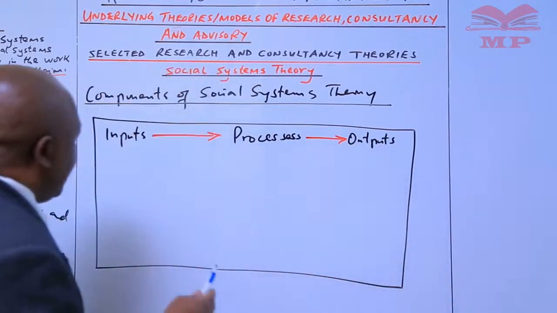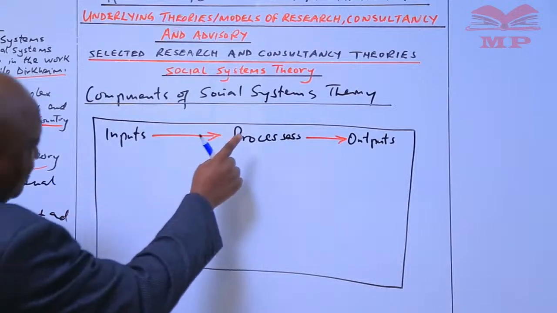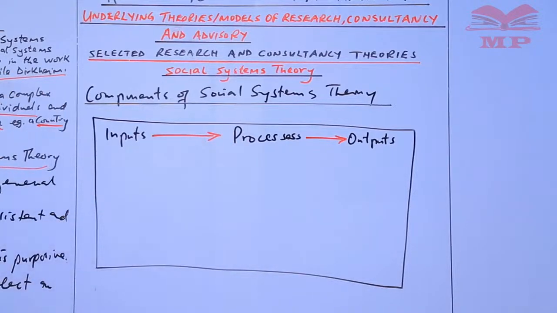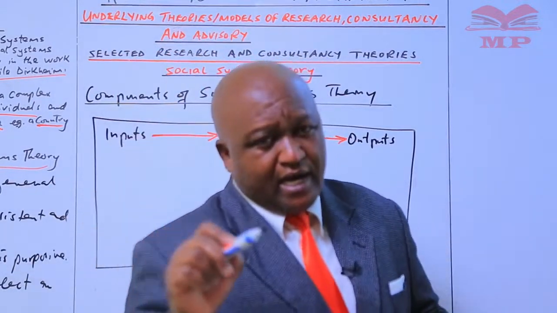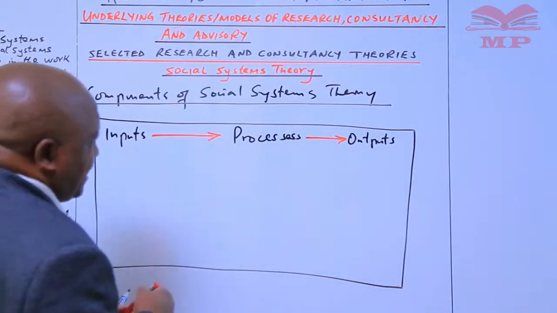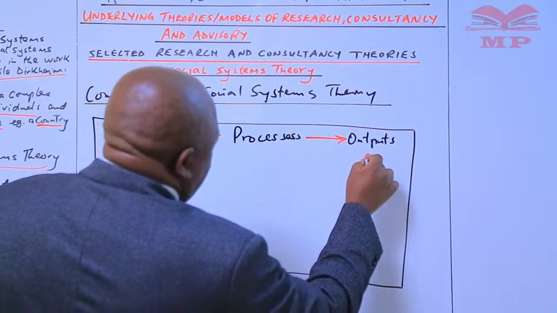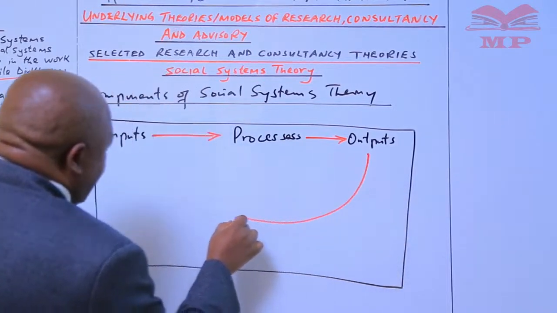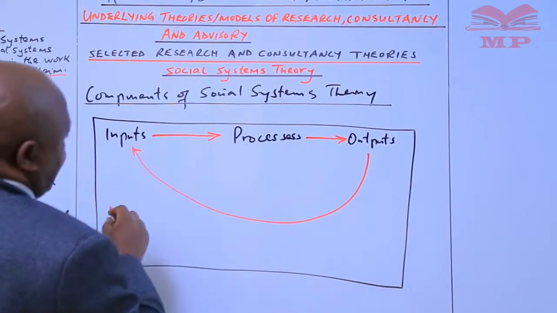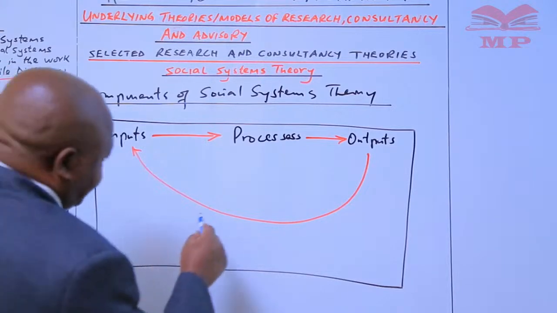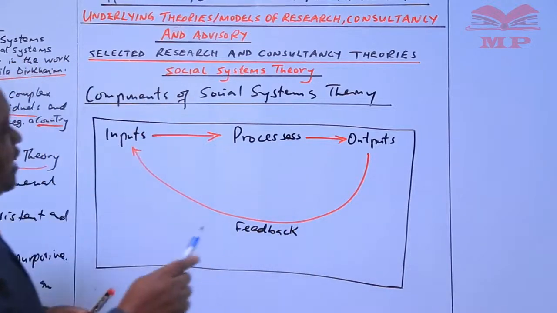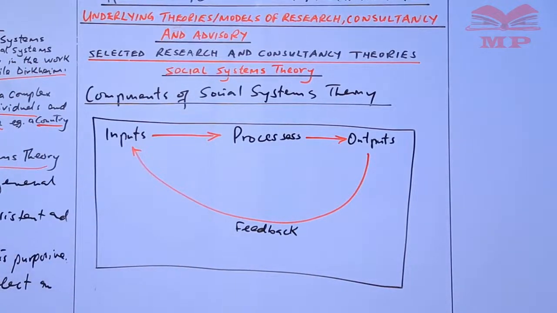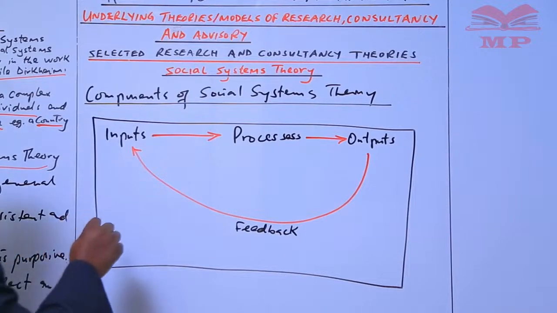So any system will have inputs, will have processes, and then there will be a loop from outputs to inputs, which provides feedback. So from outputs, then you have feedback. And when it comes to the feedback, within that particular system, you have the environment.